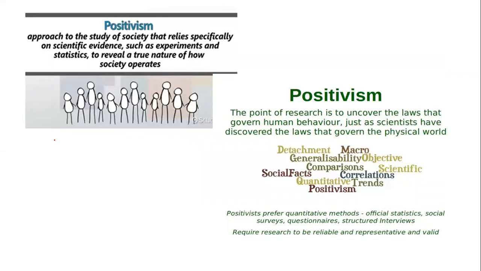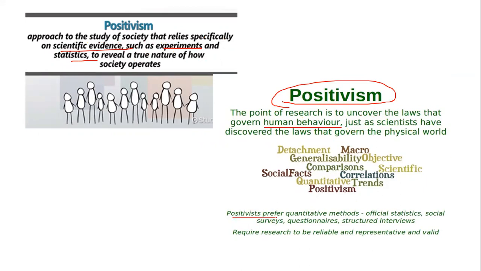So when we talk about positivism, it is an approach to the study of society that relies specifically on scientific evidence, such as experiments and statistics, which reveal the nature, okay? Whereas post-positivism talks about human behavior, or includes the laws which are used to govern the physical world.